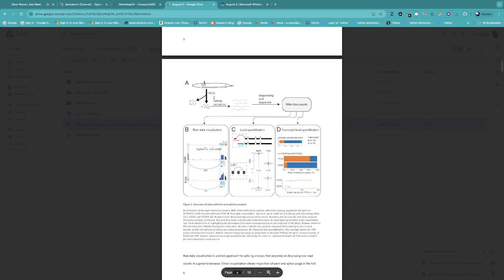This shows their methodology here, where they're using FACS to sort cells. FACS is a cell sorting technique. They sort the cells by their identity and extract the mRNA. They use RNA-seq counts, so they sequence and align the RNAs.